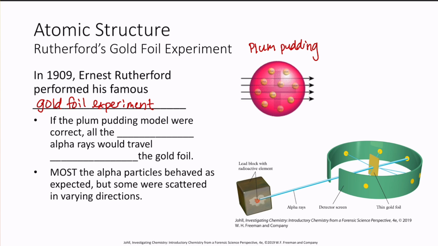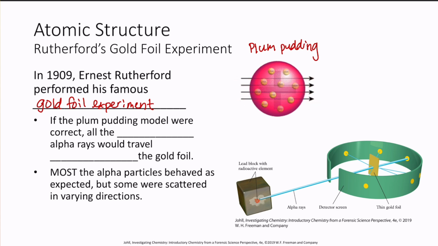He anticipated that since the negative electrons were sporadically throughout the positive area of the plum pudding, if you shot these positive alpha rays, so they are positively charged, through an atom, they would all go straight through.